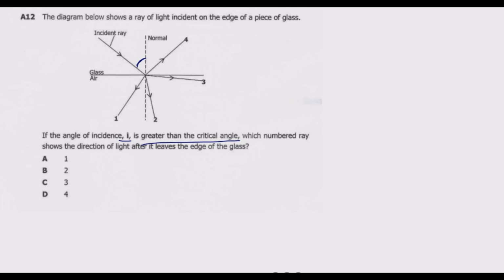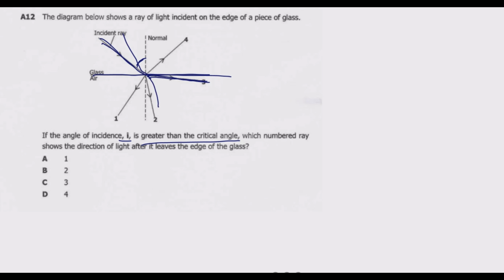Okay, so we have this is the surface, and it's hitting this surface. If the incident angle is equal to the critical angle, it will be exactly along this line, the normal line. But because the incident angle is greater than the critical angle, the light will be deflected backward. If it's inside here, there will be a bending towards the normal.